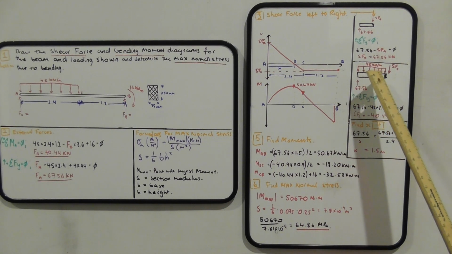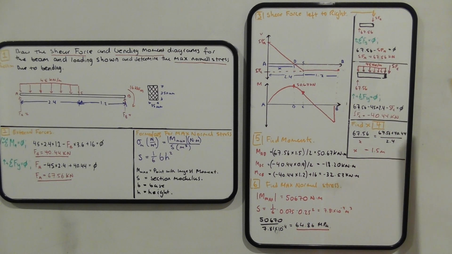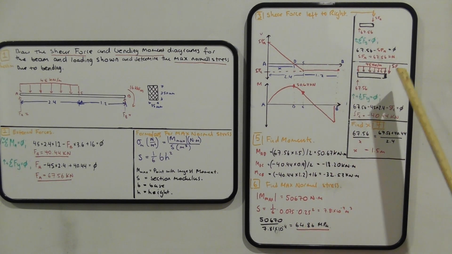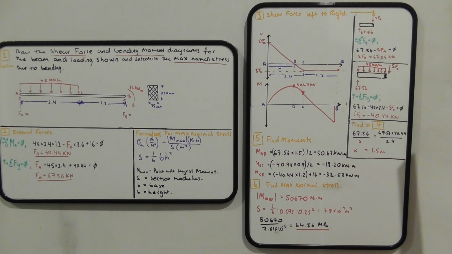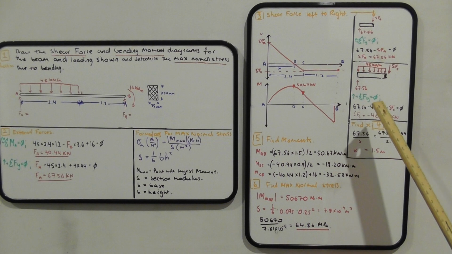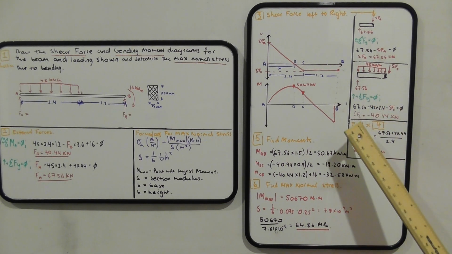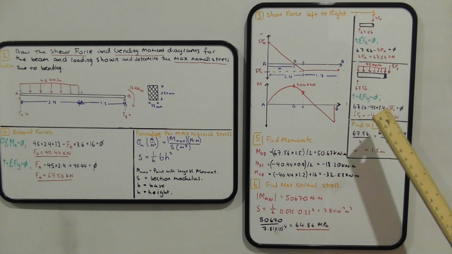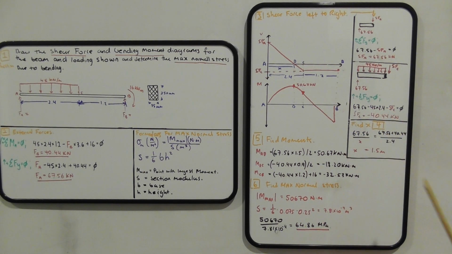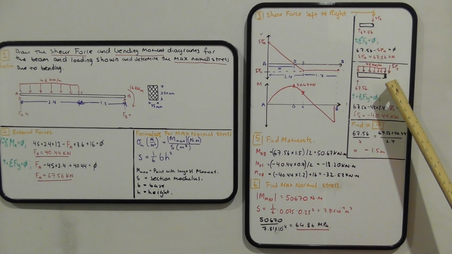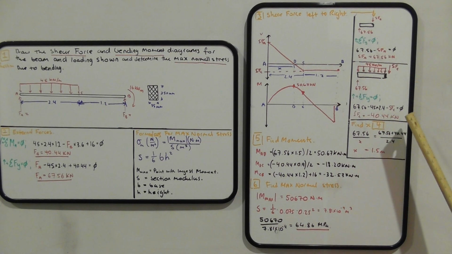We have the distributed load through the 2.4 meters, and then we have the shear force C. So we do exactly the same thing: sum of forces in the y direction, 67.56 minus 45 times 2.4 minus the shear force at C equals 0.